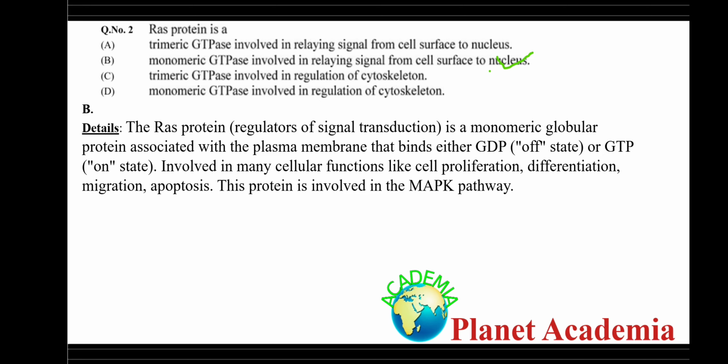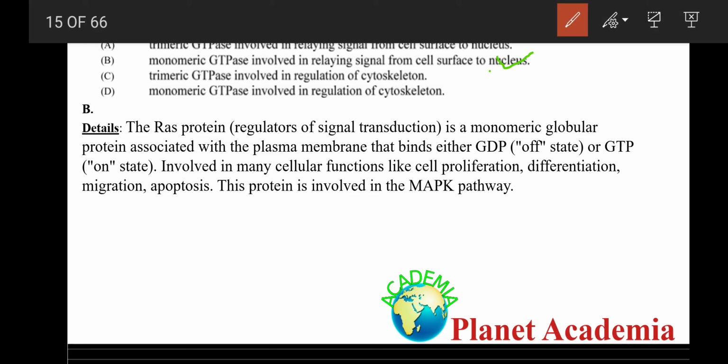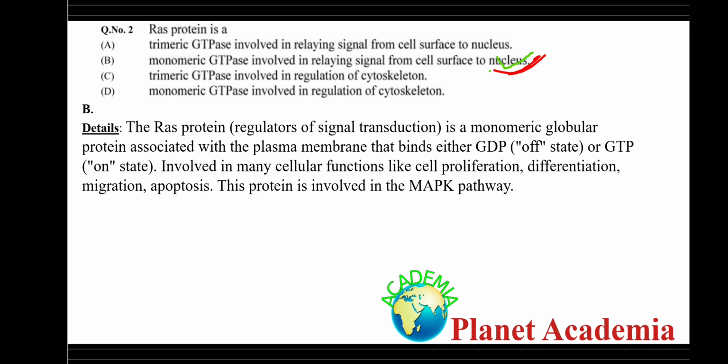Third option, trimeric GTPase, no. Fourth option, D, monomeric GTPase, involved in regulation of the cell cytoskeleton, no. It is involved in cell proliferation. You must have studied the MAP kinase pathway in cell proliferation or apoptosis. So actually the right option is B. Okay, now go to the next question.